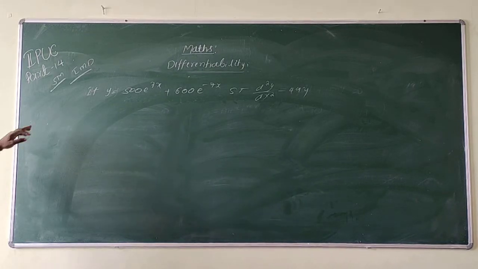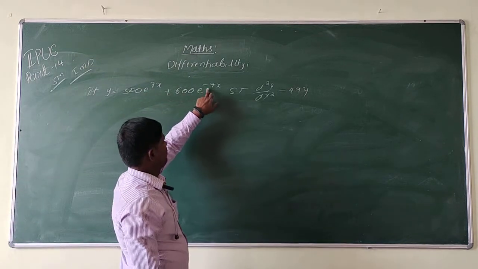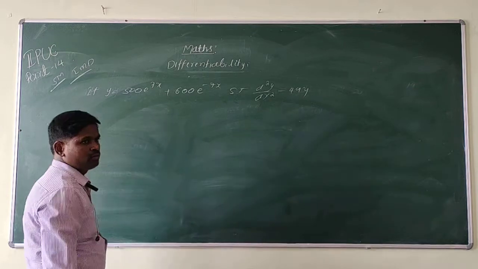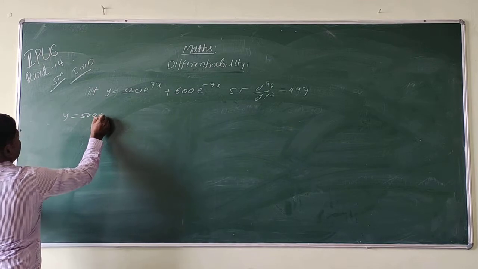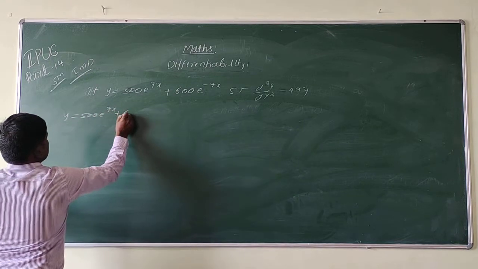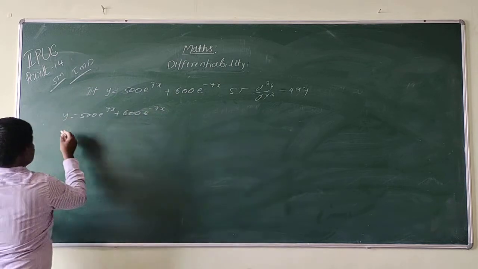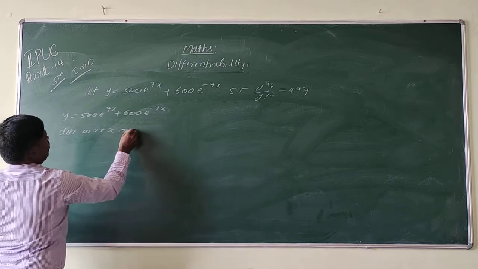So next problem. If y is equal to 500 e to the power of 7x plus 600 into e to the power of minus 7x, show that d square y by dx square is equal to 49 into y. Okay, differentiate with respect to x on both sides.